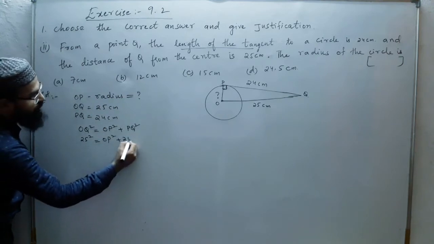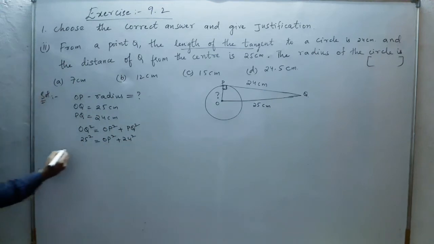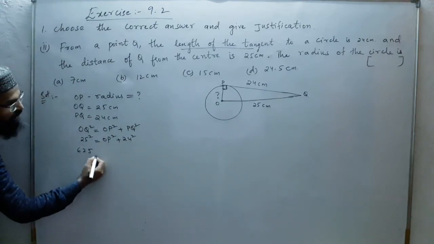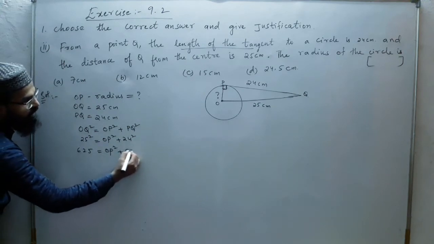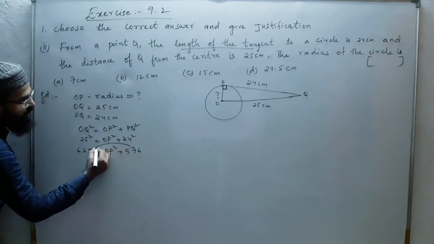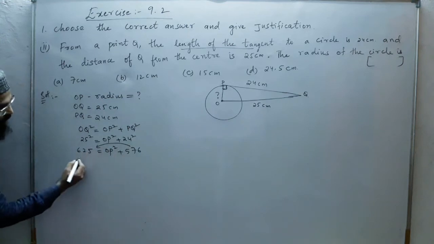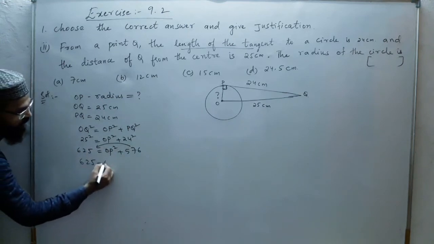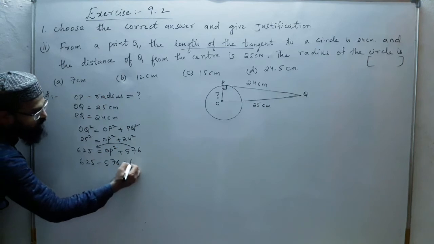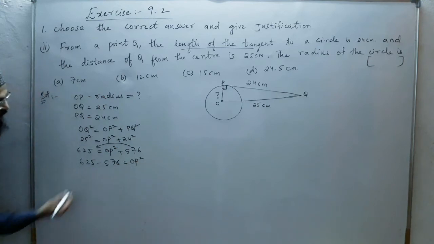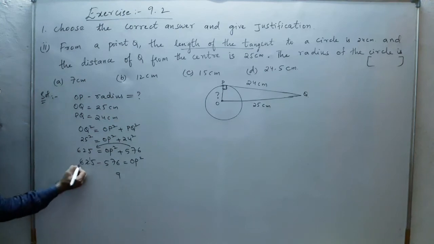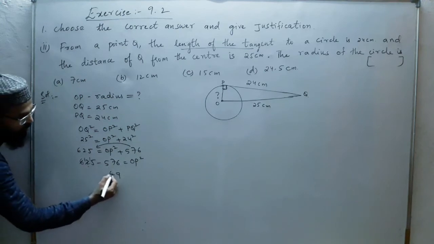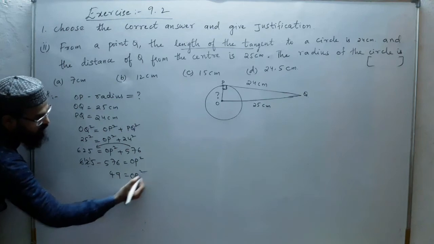PQ is 24. 25 square is 625 is equals to OP square plus 24 square is 576. Bring it here, it will become negative. 625 minus 576 is equals to OP square. 15 minus 6, 9. 11 minus 7, 4. 49 is equals to OP square.